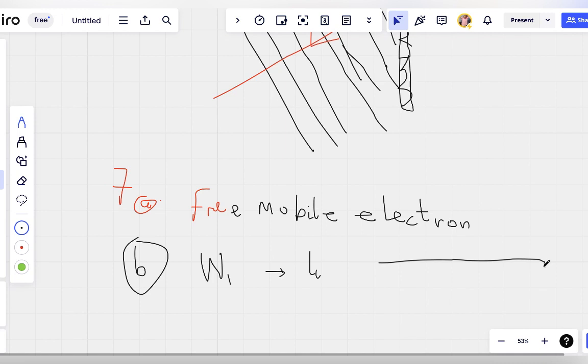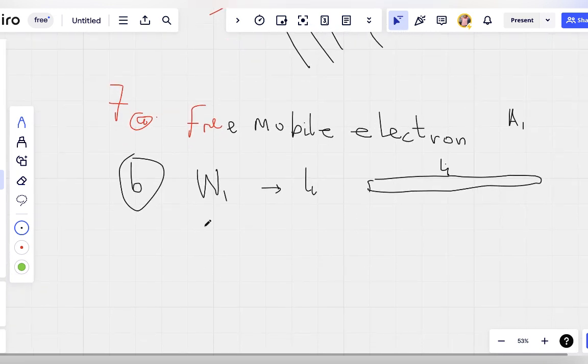The wire has this length L1, and the area is A1. Now W2, another wire, wire 2. W means wire in this regard.